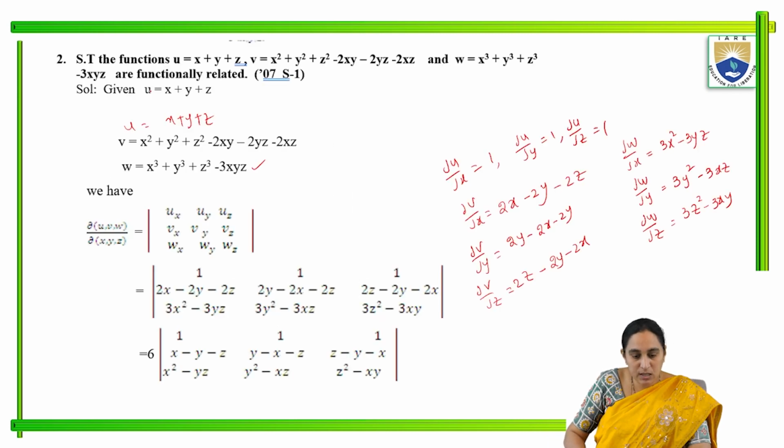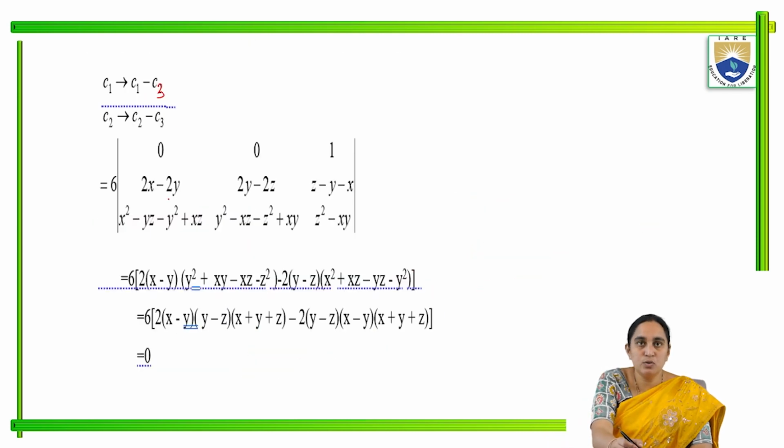So from that, here I'll get directly 0, 2x minus 2y, x square minus y square minus xz plus yz. Here 0, 2y minus 2z, y square minus z square minus xz plus xy, and 1. There is no change in the third column. Now, if we make the first two entries zeros, we can easily find the determinant.